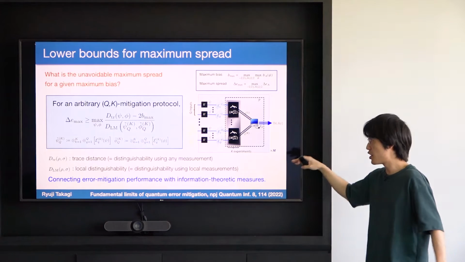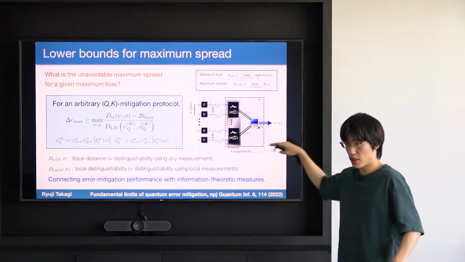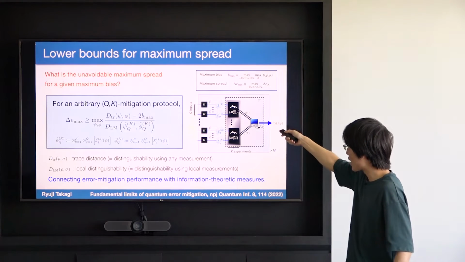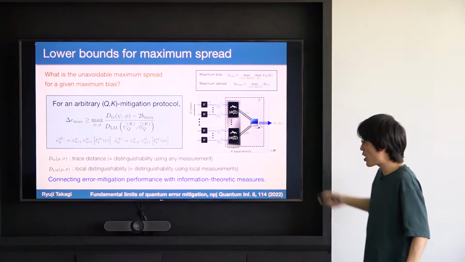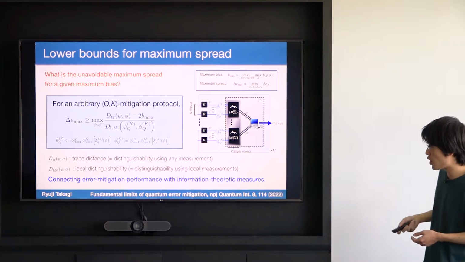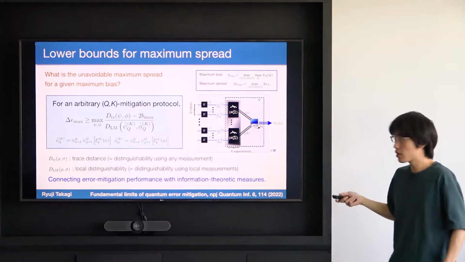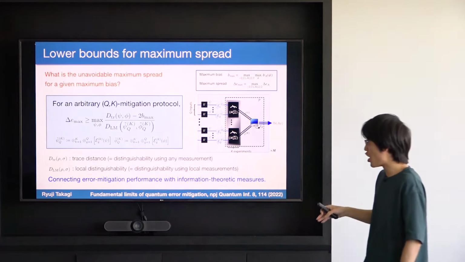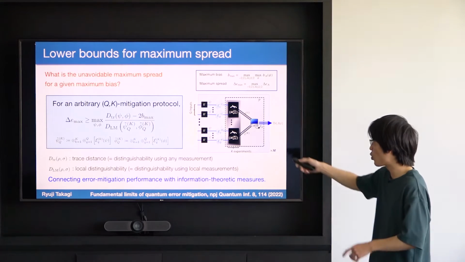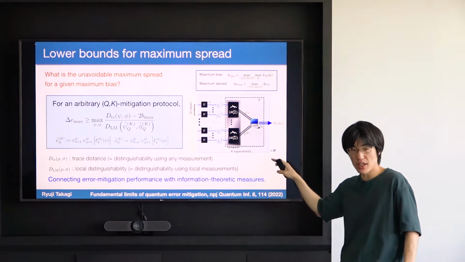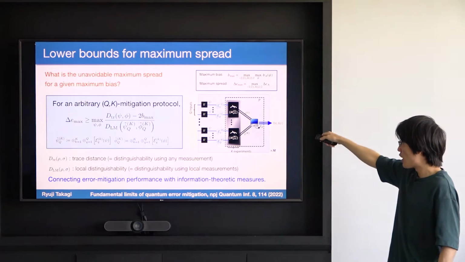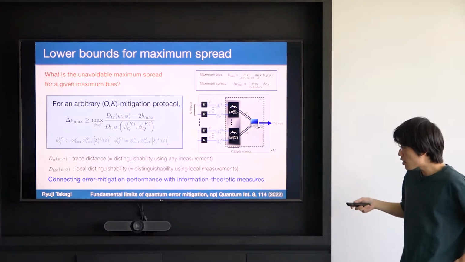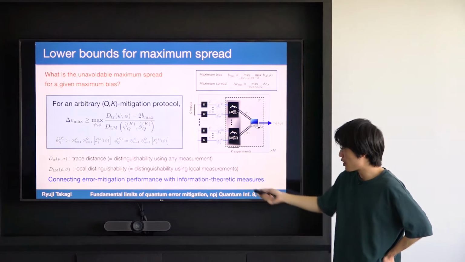I define each experiment as a subsystem when I say local. They are only using the measurements in these experiments and how much you can distinguish between two states. This comes from the hybrid nature of error mitigation, where everything quantum happens within the experiment, but after that you do some classical computation. This is reflected in this measure.